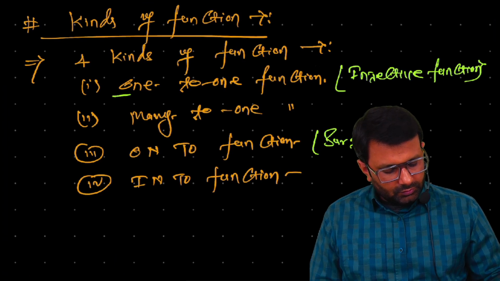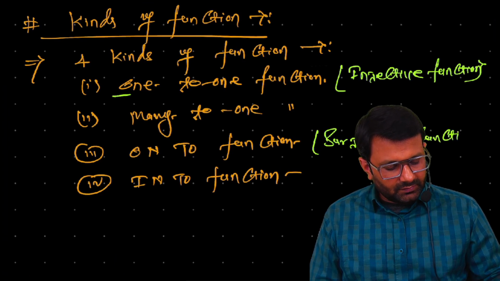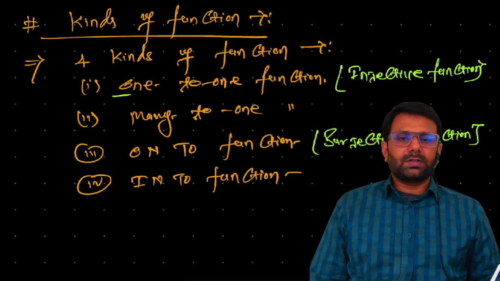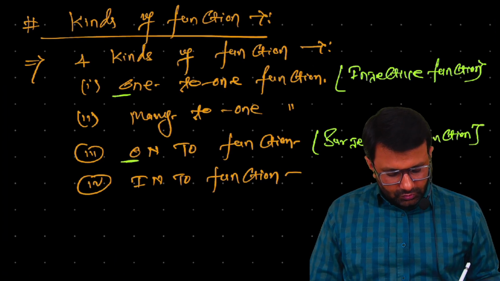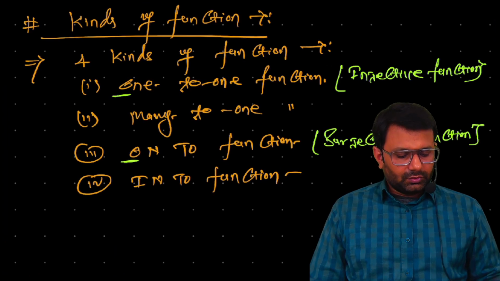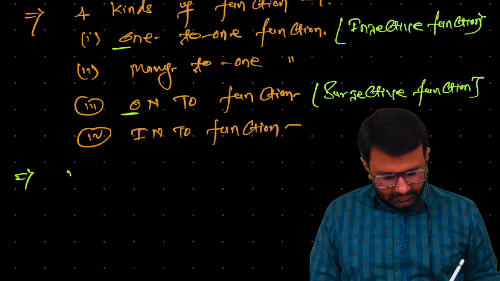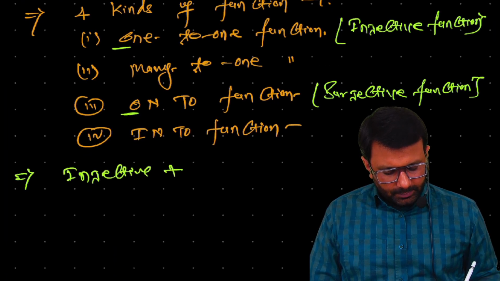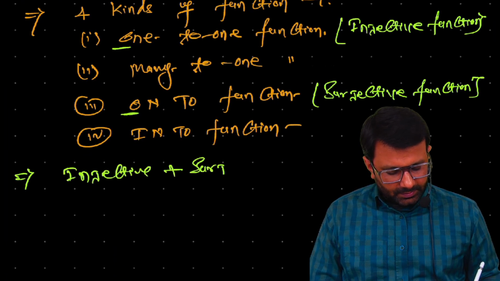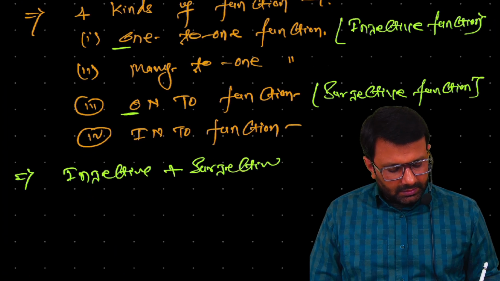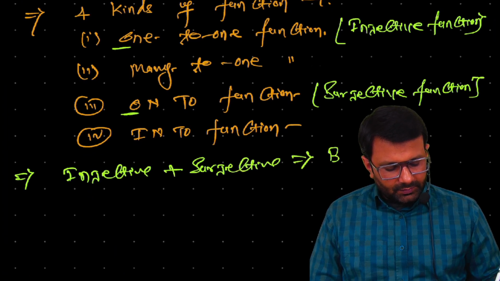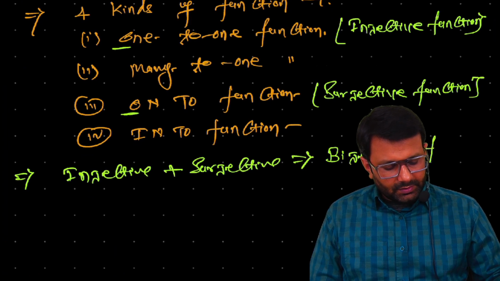You can remember the functions starting with O like this: injective and surjective. And one more point you can write here: injective plus surjective function is called bijective function.